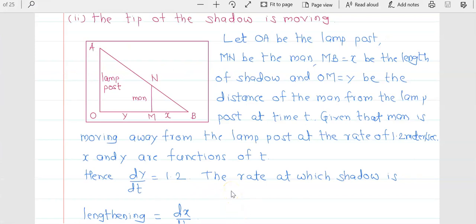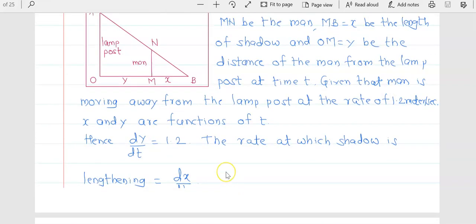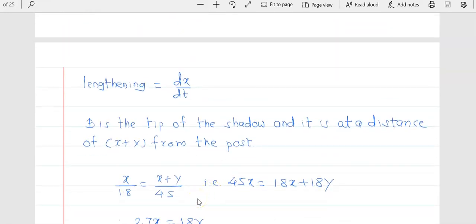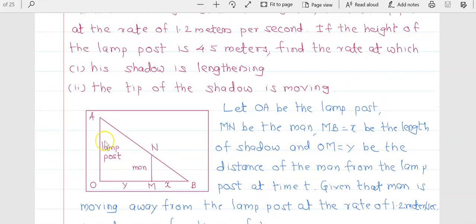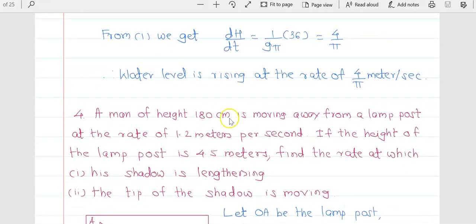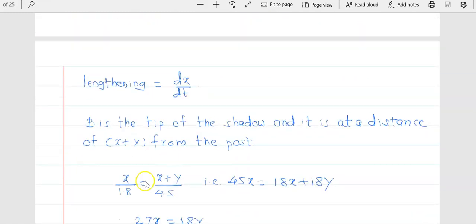Now see this. x upon 1.8, and x plus y upon 4.5, because the height of this lamp post is 4.5 and the man is of height 180 centimeter. Therefore, it is converted to meters, which is 1.8.